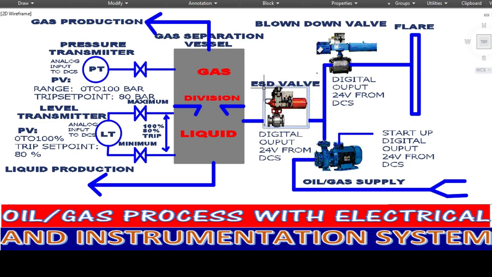When we close this ESD valve, the system will detect it and the DCS will send another digital output 24 volt signal to the blow down valve to open it, because it should normally be closed.